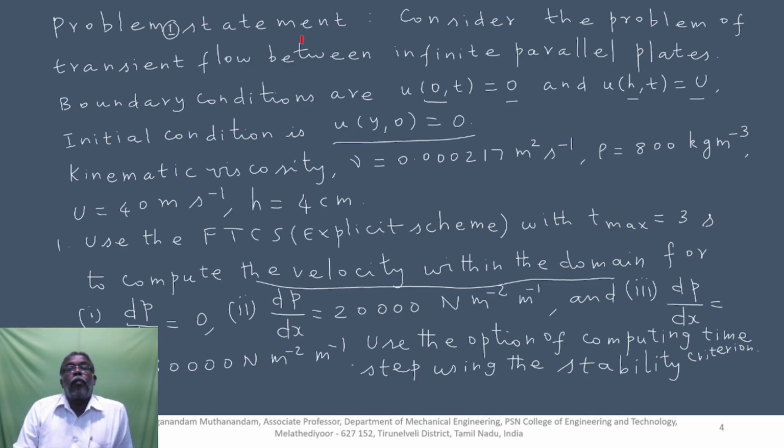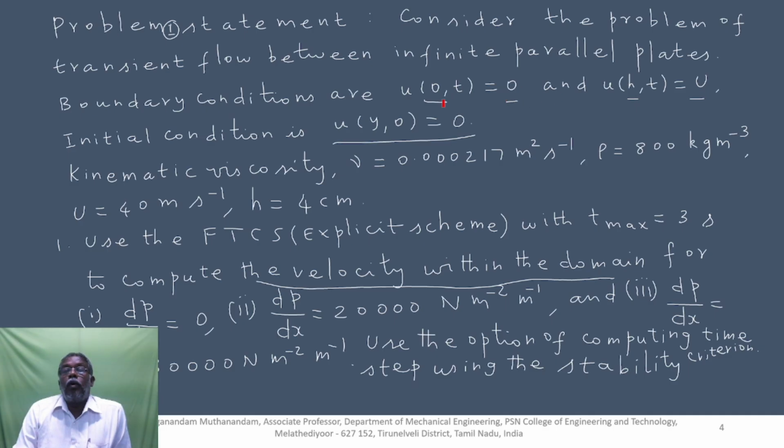The statement of the problem is: consider the problem of transient flow between infinite parallel plates with the boundary conditions u(0,t) = 0 and u(h,t) = U, where u is the x component of velocity of the fluid flow, 0 is the location where we find the velocity, and t is time.